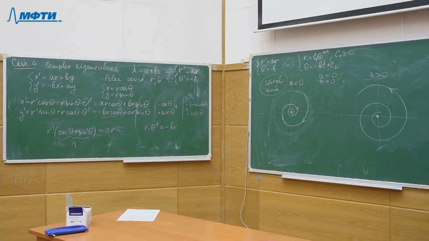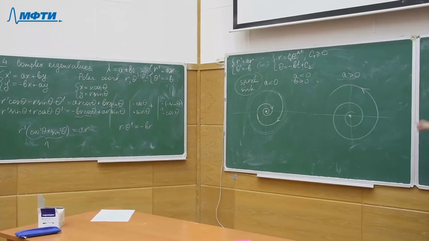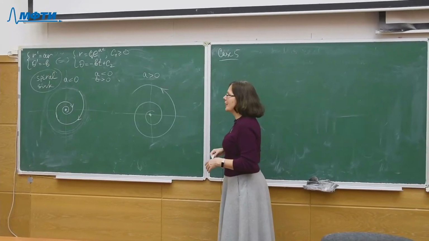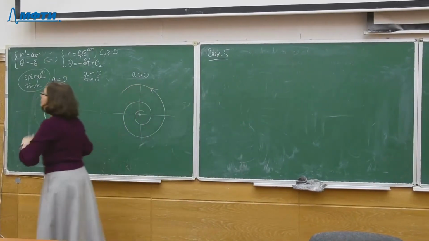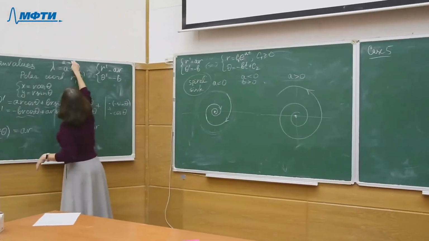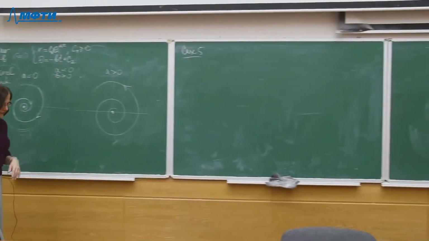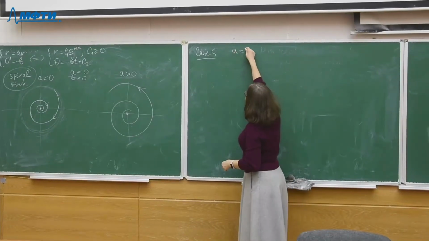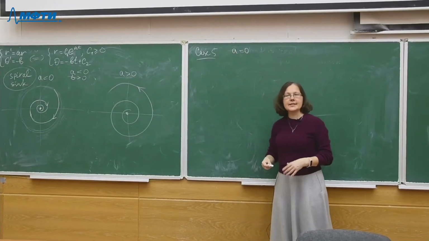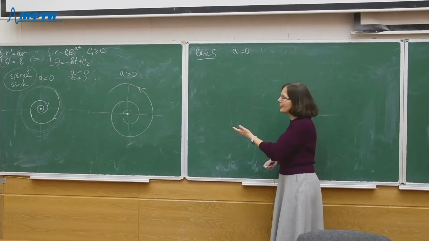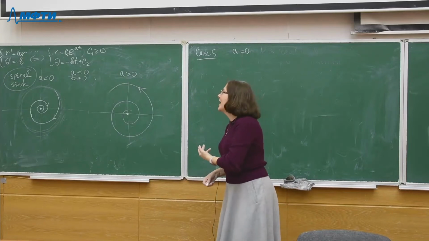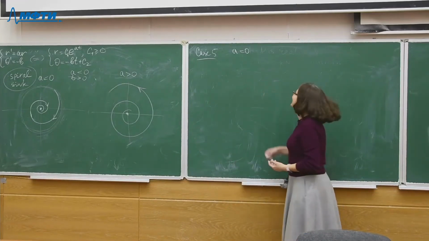Okay, and maybe we may discuss case number 5. In case number 4, A is not 0. But case 5, when A equals 0, should be treated separately. If A is 0, then we can proceed in the same way.